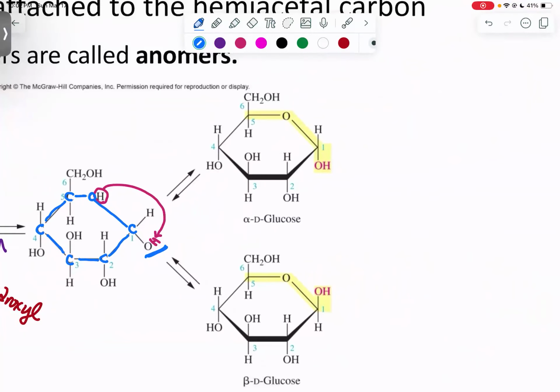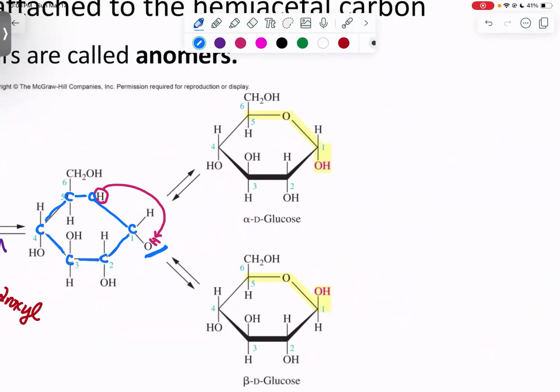So remember when we talked about these Fischer diagrams, one's coming towards you, one's going away from you, and all that kind of stuff. You have to remember that when you turn it into a Haworth projection, you're doing the exact same thing.